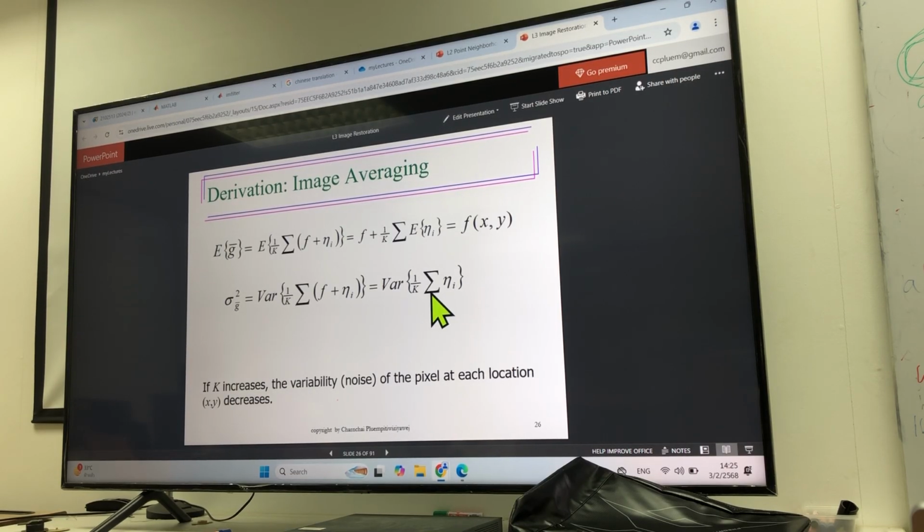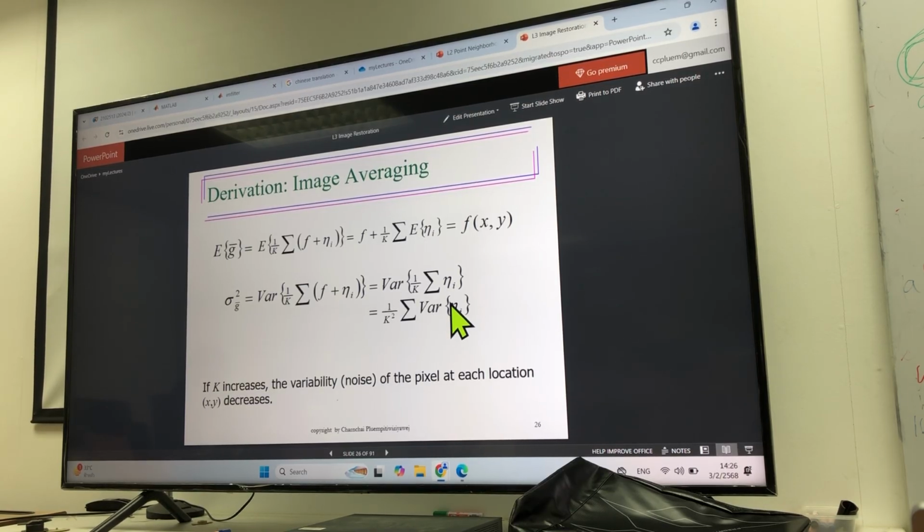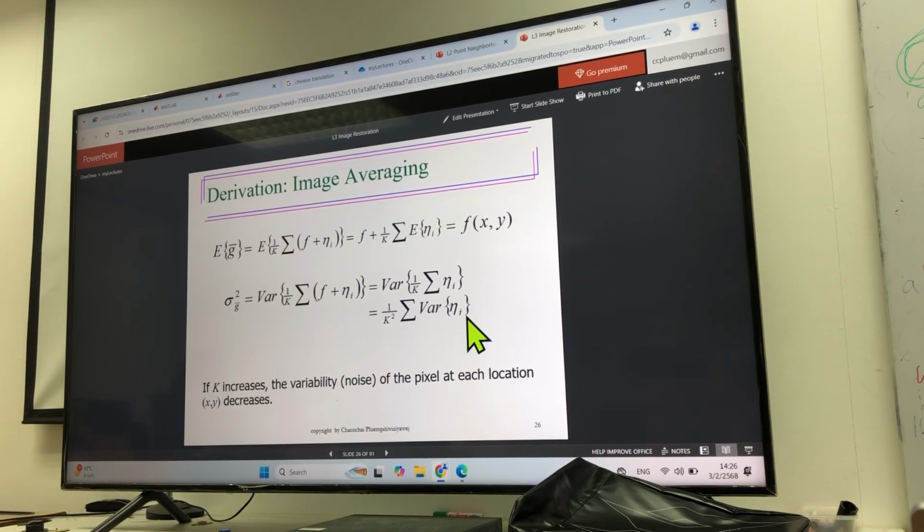What's the variance of 1 over K times the summation of the noise? Who has taken probability and statistics? The variance of a constant times summation of noise: the variance goes into the noise, each noise is independent, so the covariance is 0, and 1 over K comes out as 1 over K squared. So when variance is put into the noise you got 1 over K squared times summation of the variance of N.